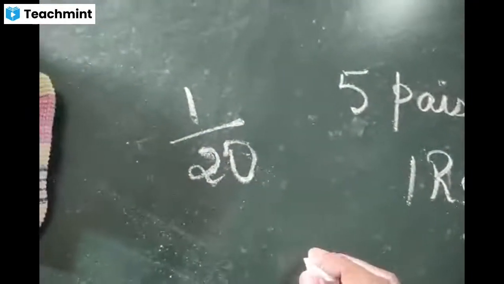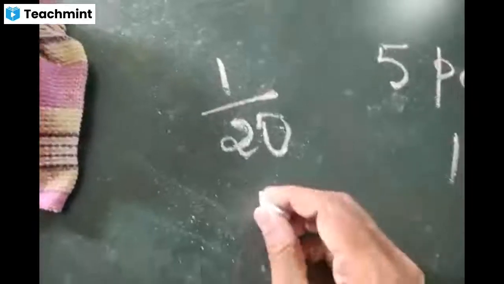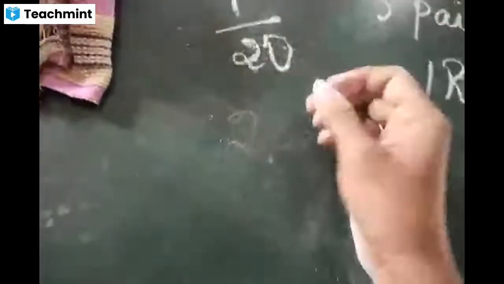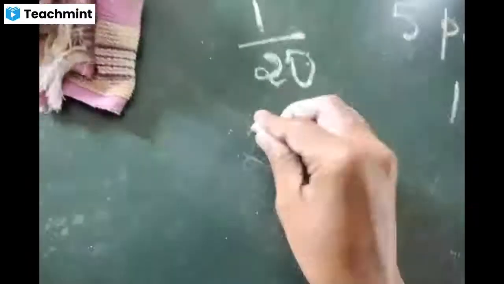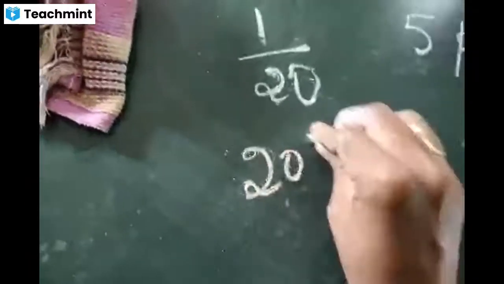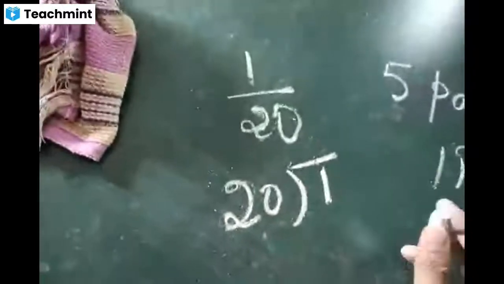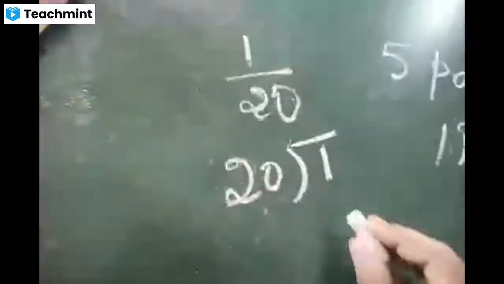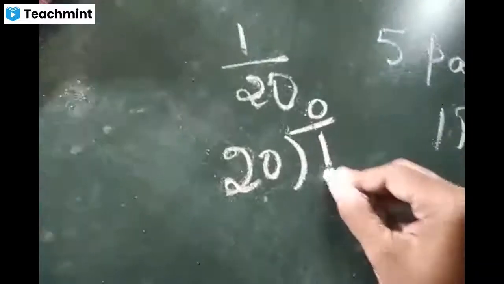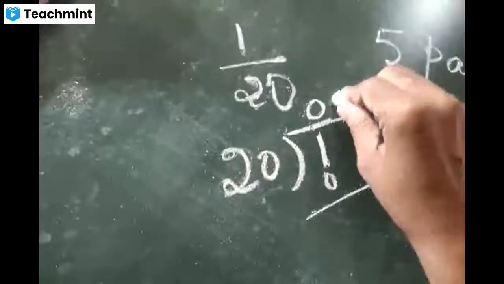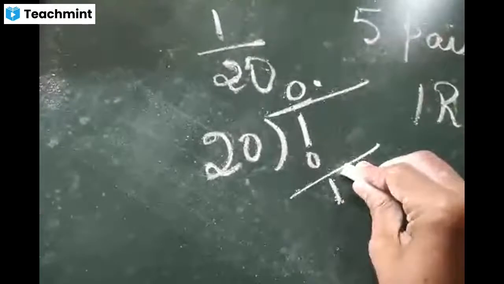1 by 20 convert to the decimal point. Divide. 20 divides 1. Denominator to numerator we have to divide. It's not possible. So 0, 0. Take the point. Take 1 0 down.